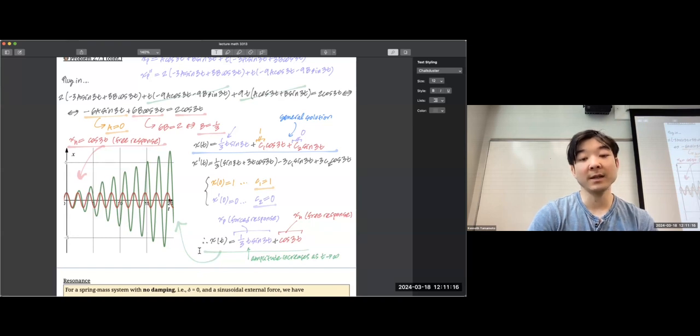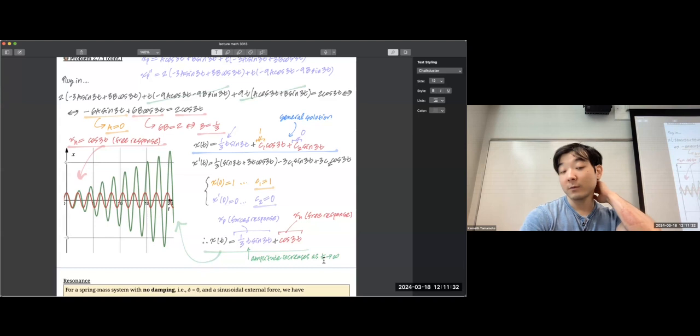So this green one is the whole underlying thing, which includes this purple term plus this red term. And it's the purple term that's actually causing the amplitude to blow up, because, as I marked with an arrow here, there's a t that got multiplied. That means the amplitude for your purple term grows as time goes on, because this t is going to grow.